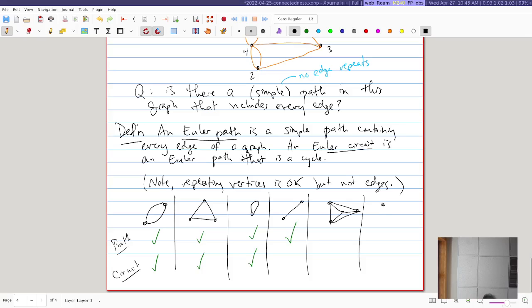How about let's do something even simpler. How about like this? Maybe this one we can convince ourselves whether it does or not. So what do you think? Does that one have an Euler path or circuit? I see some shaking heads. Adam?